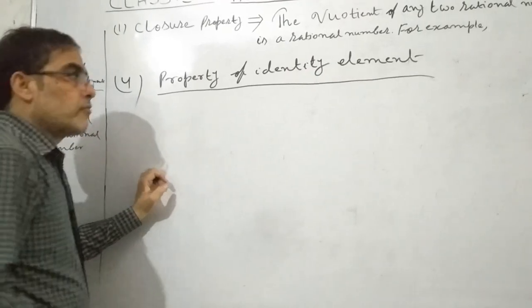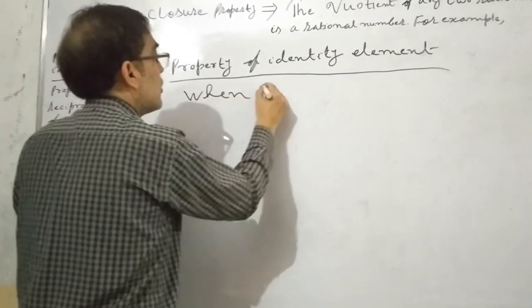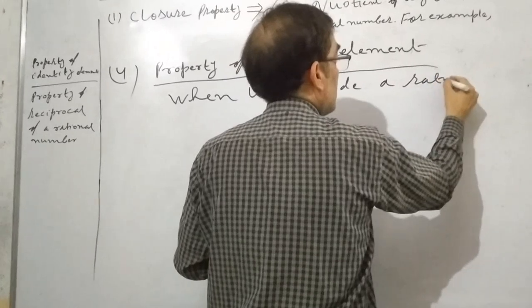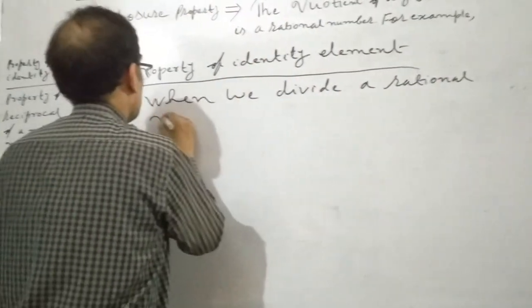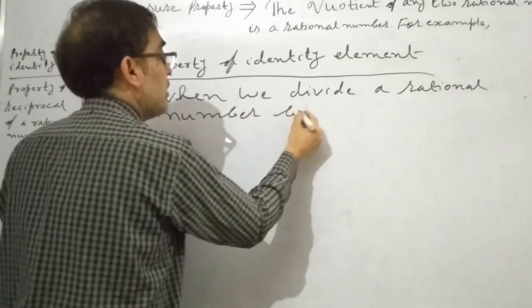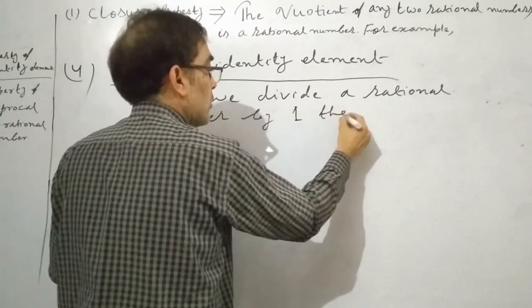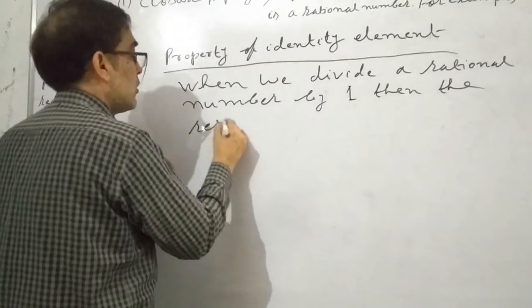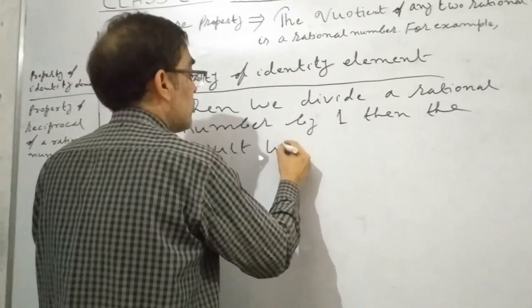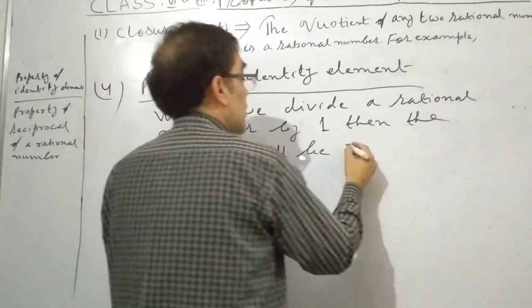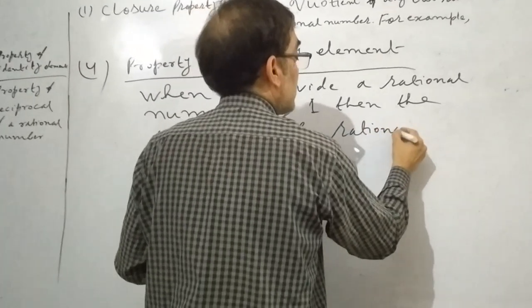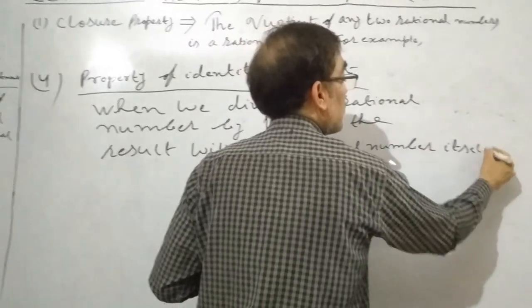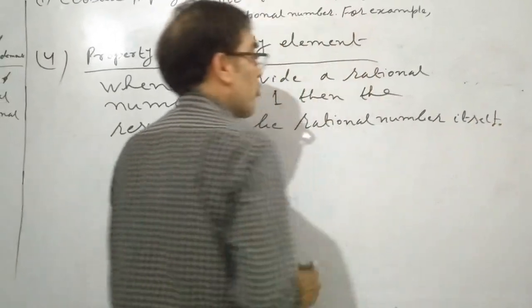In this property, you have to know that when we divide a rational number by 1, then the result will be the rational number itself.